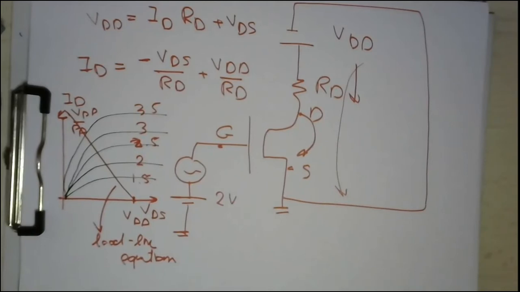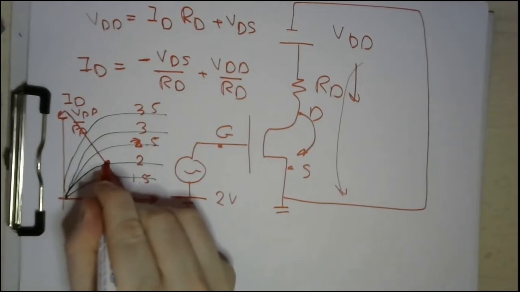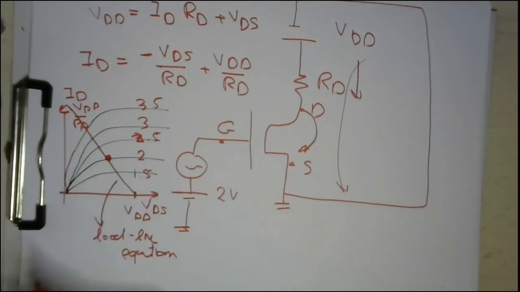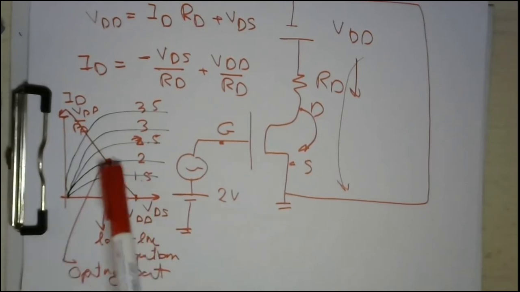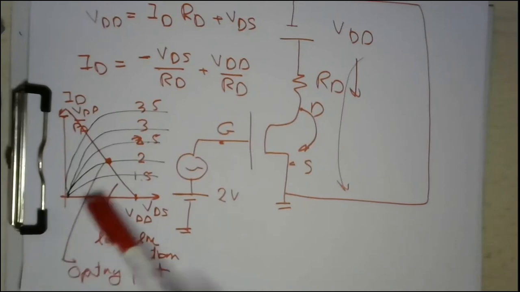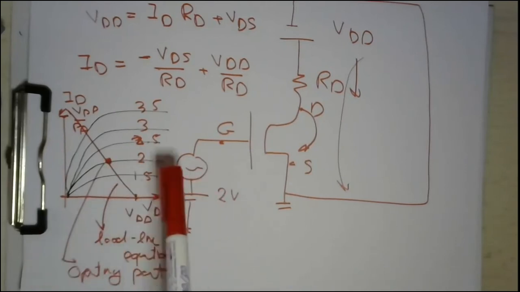Then your operating point is simply the intersection point between the IV curve with the typical VGS, which is 2, and your load line. And we call this the operating point. So simply, the operating point is the intersection point between the load line and the IV characteristic curve with the VGS used.